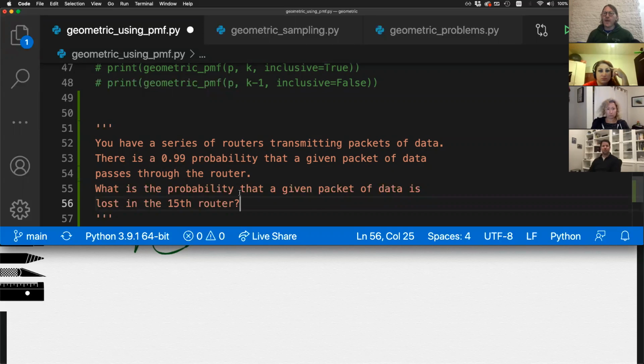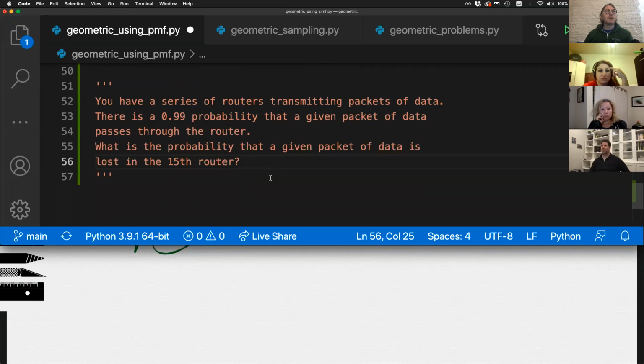Now, why would we do that? Maybe if we're performing diagnostic tests, something like that, we're going to think about what this probability should be versus what we're actually observing, right? That's a use case for the geometric distribution in this case.